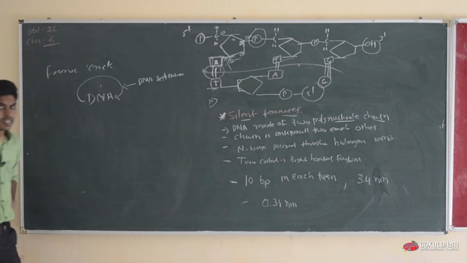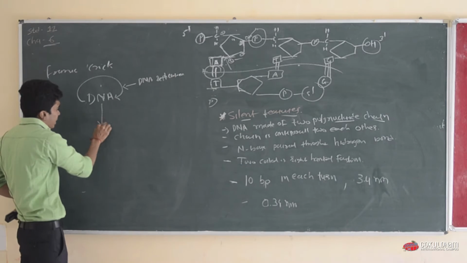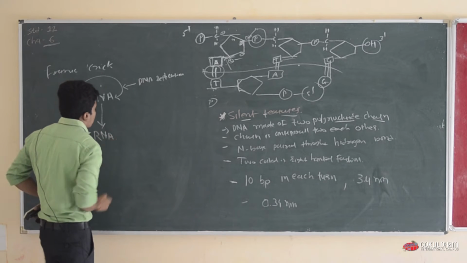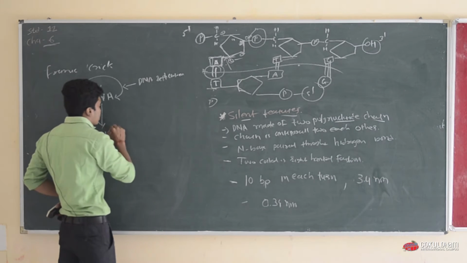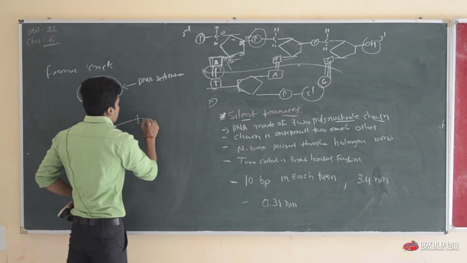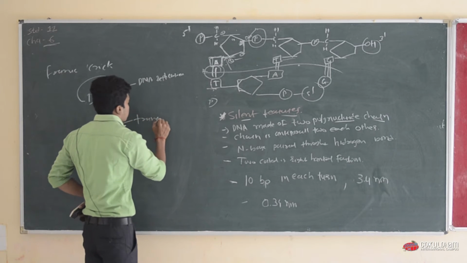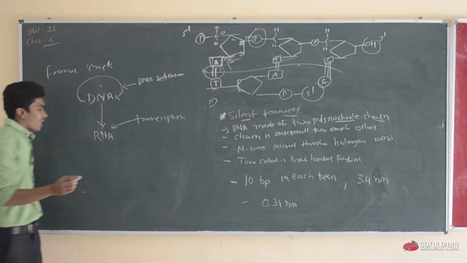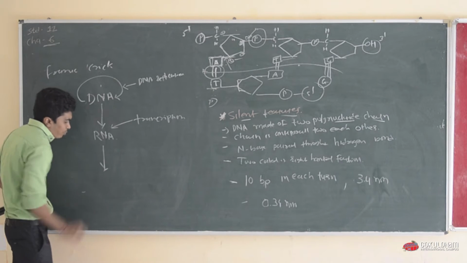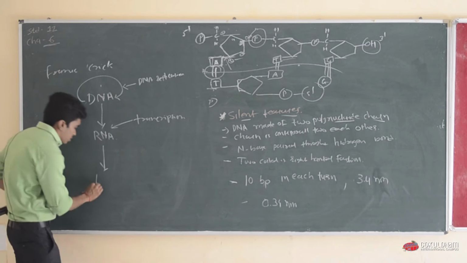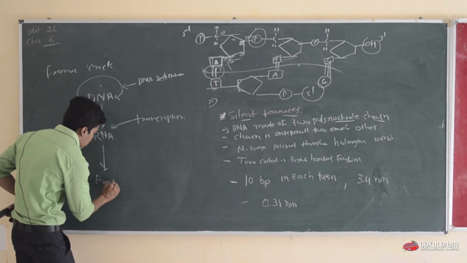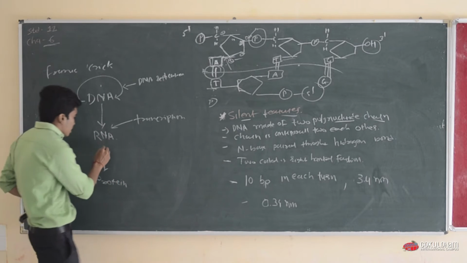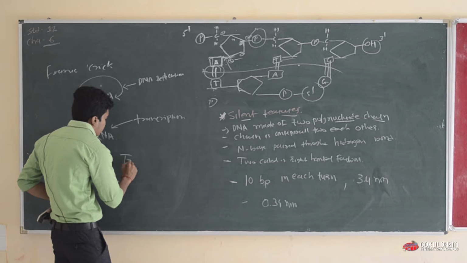Then DNA makes RNA. This process is known as transcription. And then RNA makes protein. This is known as translation.